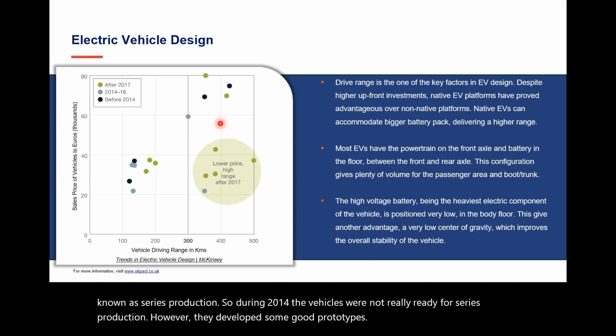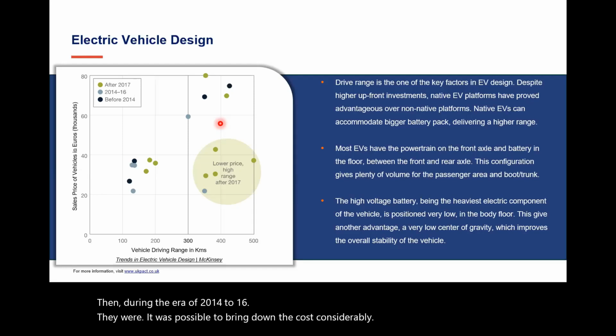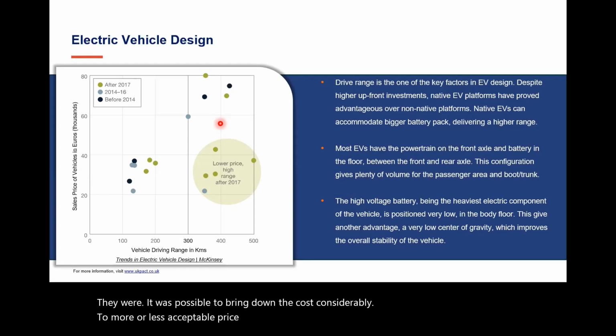Then during the era of 2014 to 16, it was possible to bring down the cost considerably to a more or less acceptable price, at least to a certain segment of the entire population. However, the range was limited to around 150.